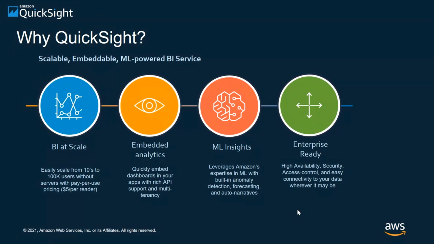We also have machine learning insights, where you get features such as anomaly detection, forecasting, and auto narratives, which bring the cool insights directly to your customer without any work to be done on your side. And of course, this is enterprise ready. What that means is that it is highly available and secure. You can use row-level security to secure your data. You have access control based on different types of identity. And we have a plethora of different data types that you can connect to.